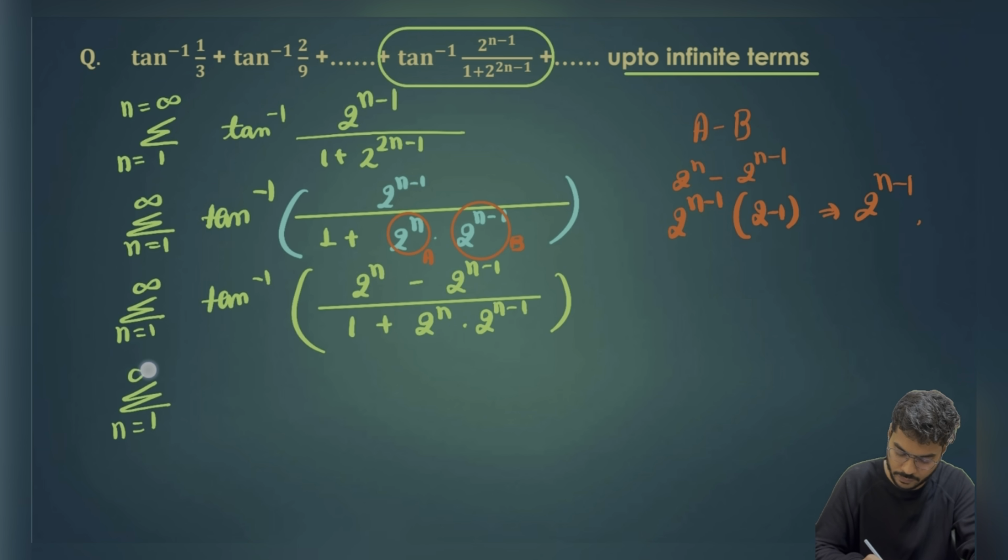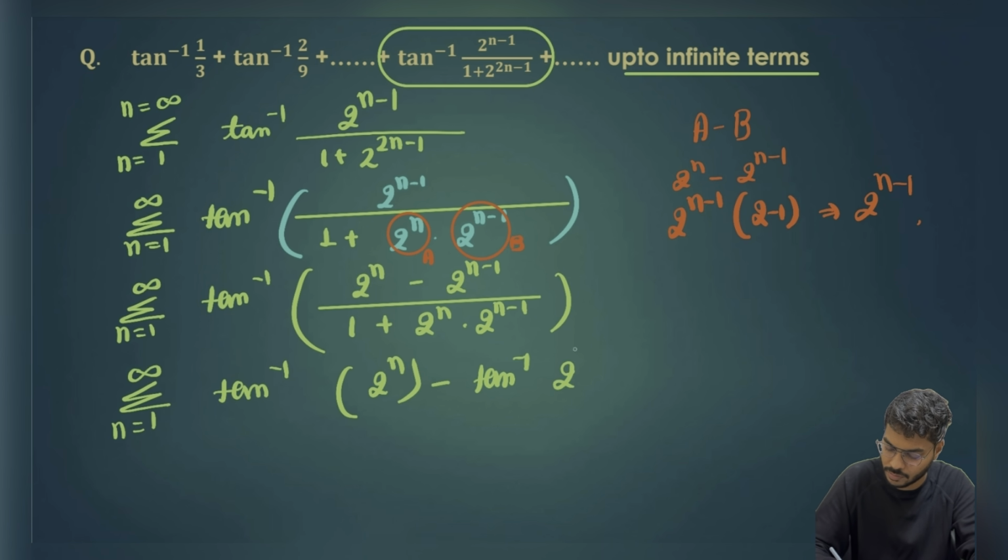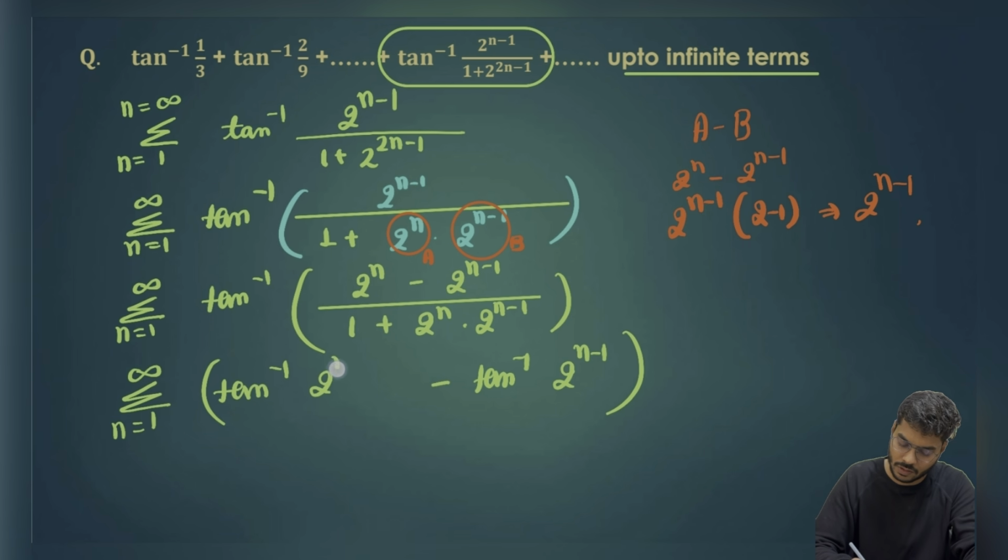Summation n equal to 1 to infinity of tan inverse 2 to the power of n minus tan inverse 2 to the power of n minus 1. Again we got consecutive terms, so again we will put the values of n and they will cancel out. Put n equal to 1.